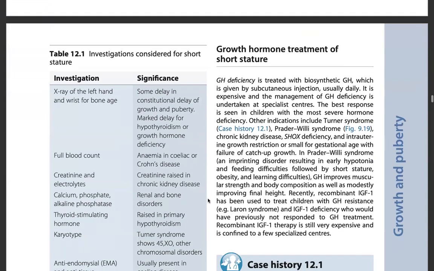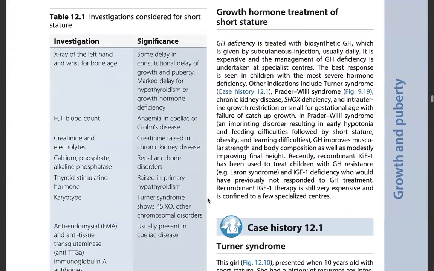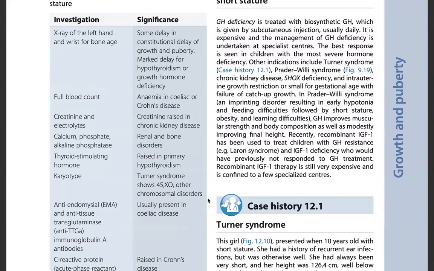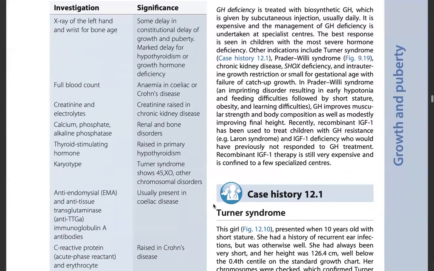Investigations considered for short stature. X-ray of the left hand and wrist for bone age: some delay in constitutional delay of growth and puberty, marked delay in hypothyroidism and growth hormone deficiency. Full blood count: anemia in celiac and Crohn's disease. Creatinine and electrolytes: creatinine raised in chronic kidney disease. Calcium, phosphate, alkaline phosphatase: renal and bone disorders.